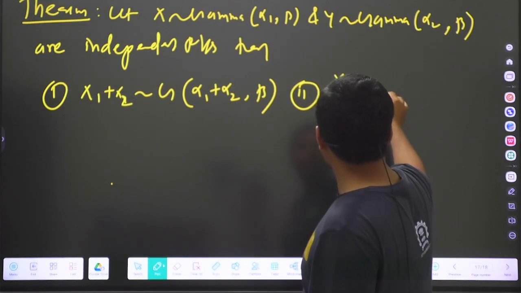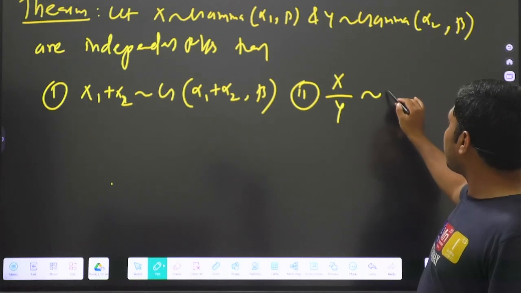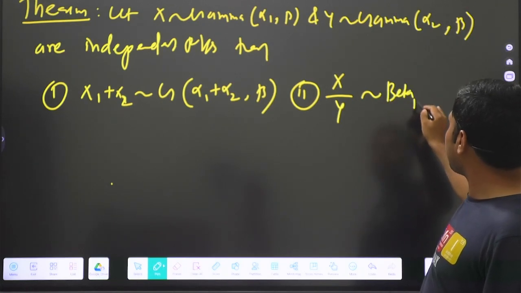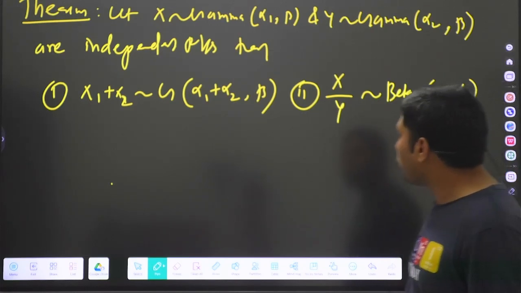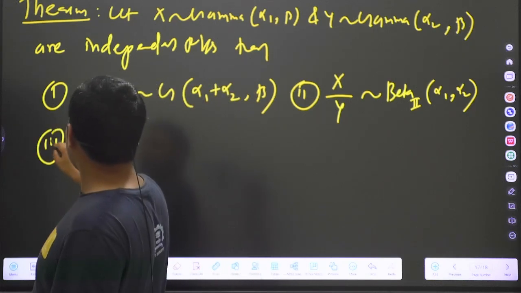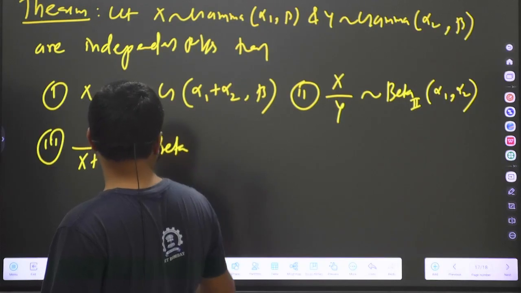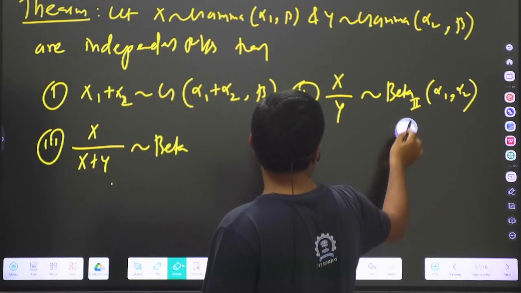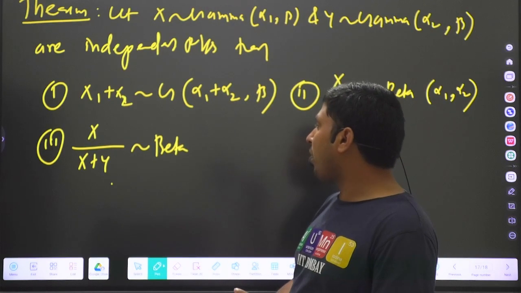Second part is X upon Y. They are independent, so the ratio will be beta second kind, alpha 1 comma alpha 2. And the third part, X upon X plus Y, I think there is something to change. What will it follow?